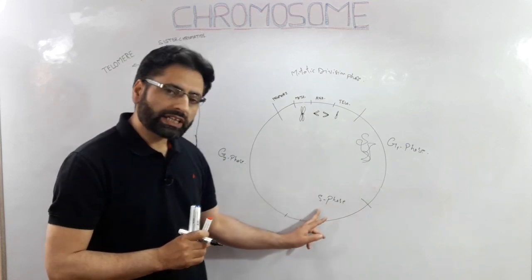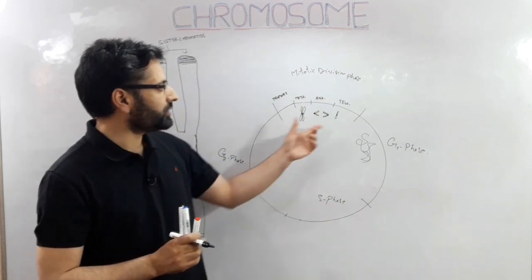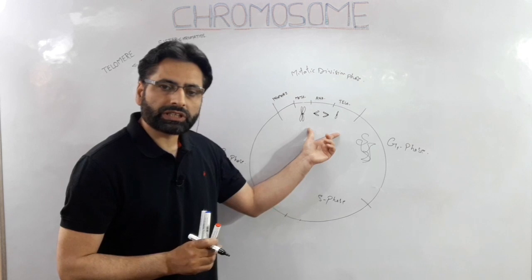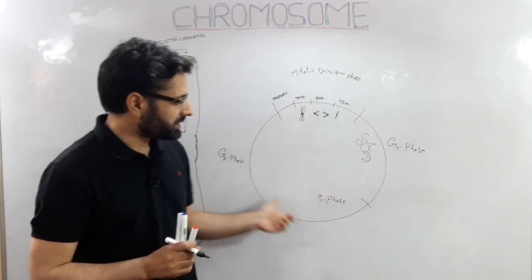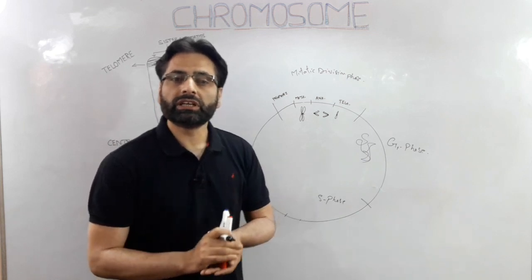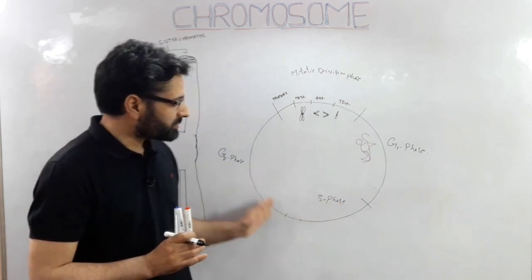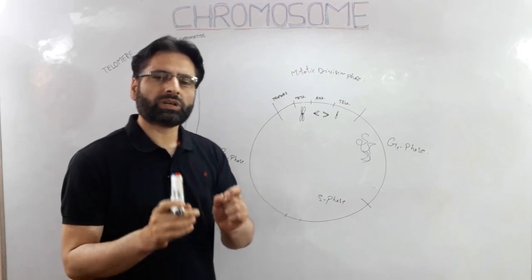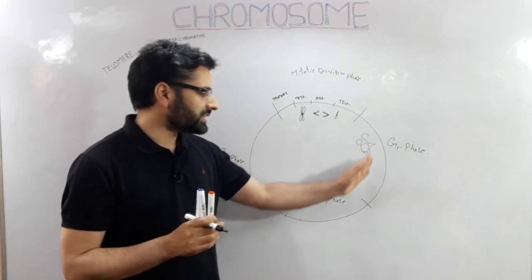The cell enters into the S phase, then the G2 phase, then the mitotic division phase. And these stages are highly dynamic so far as the chromatin or genetic material is concerned. During these different stages, the chromatin changes its shape.